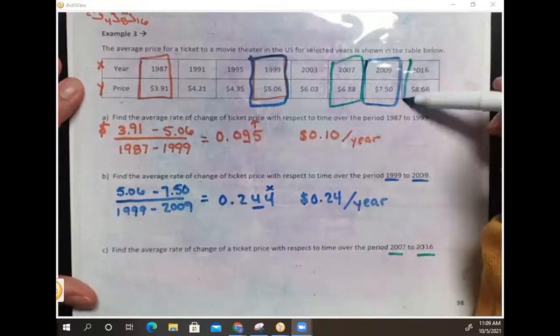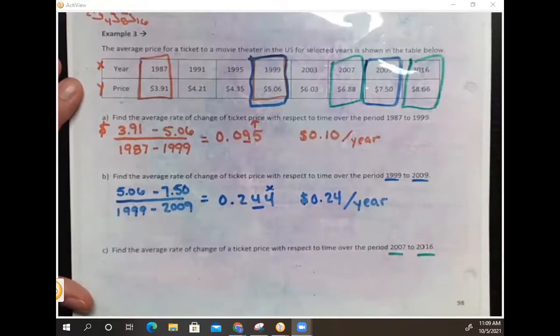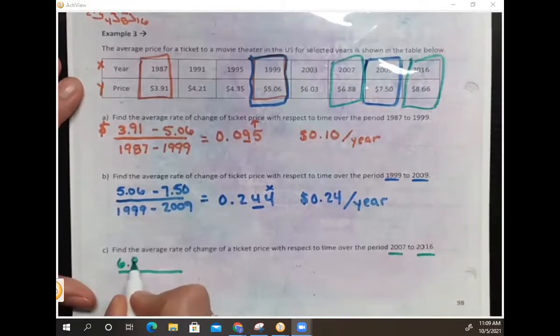So I'm going to find those in my table. And then remember that Y value, in this case, our money is on top. So 688 over 2007 minus 866 over 2016.